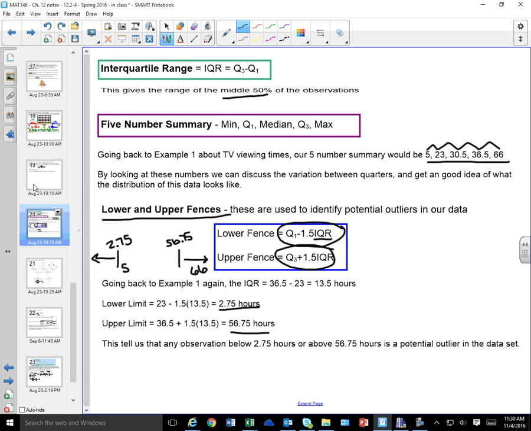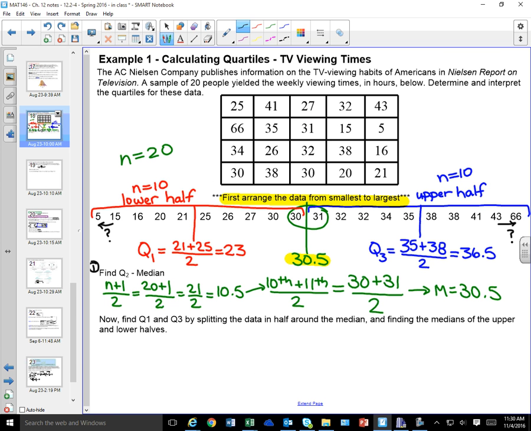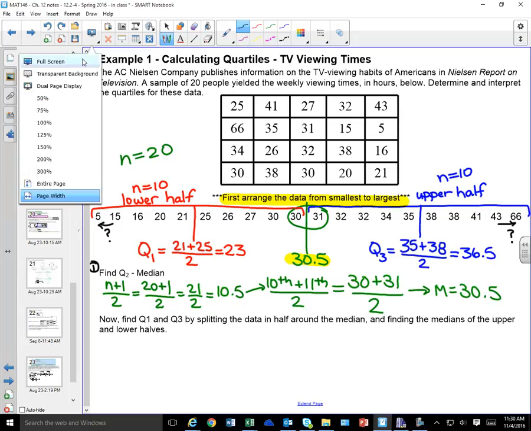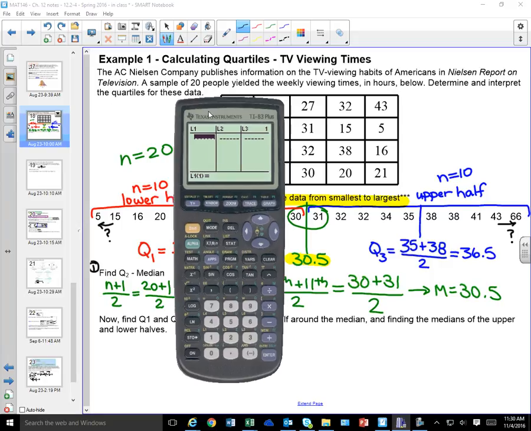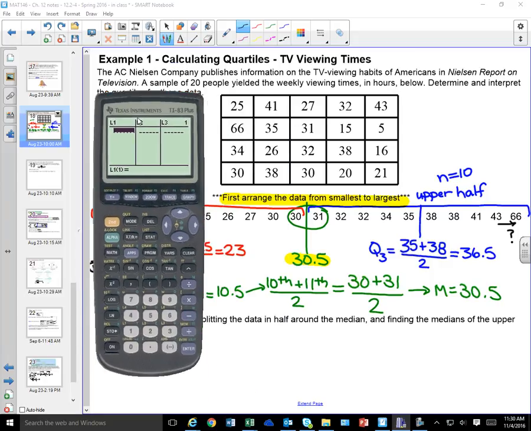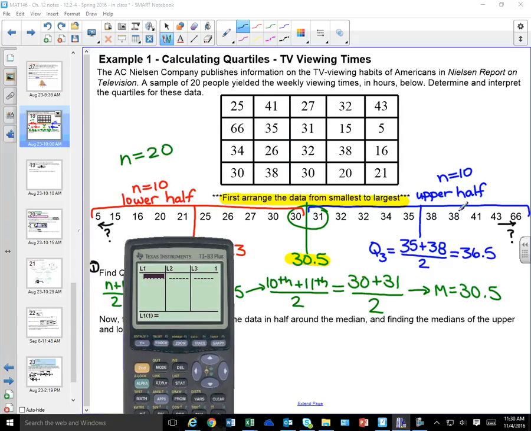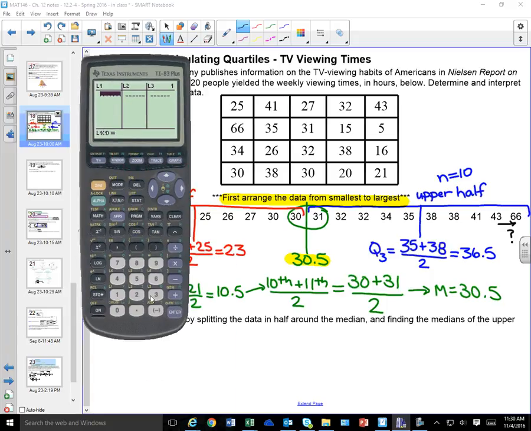Now I'm going to go back to this data set that we were working with because we want to be able to see the box plot show us that outlier. Okay, so here's all my data here. You can type in your data in order if you want, or just up here, it doesn't matter. So I'm going to type in all my data. That's what's going to take the longest here.